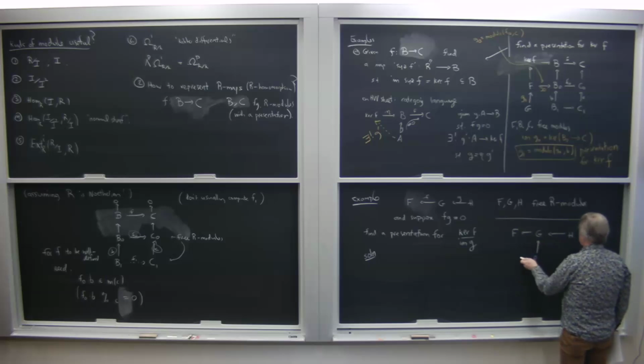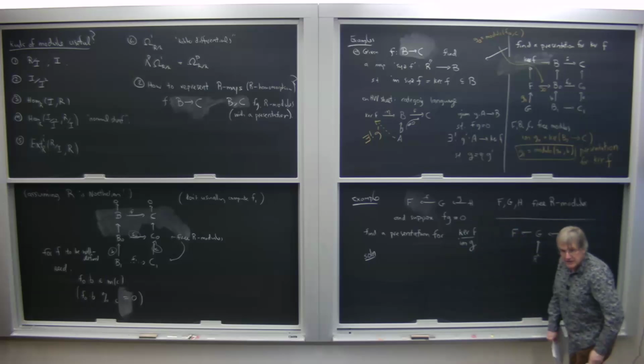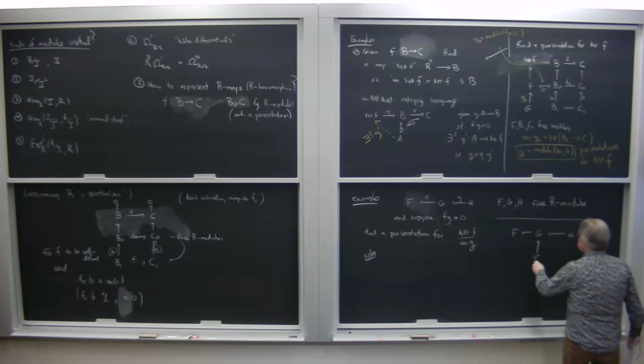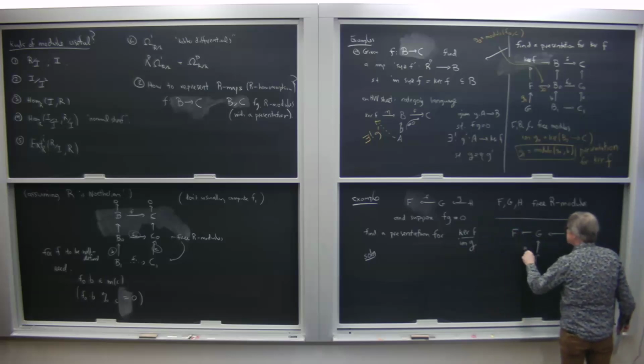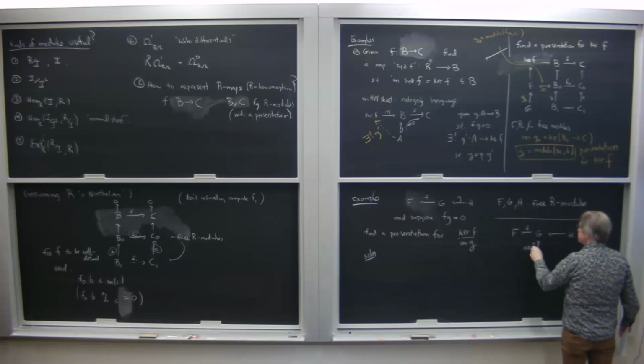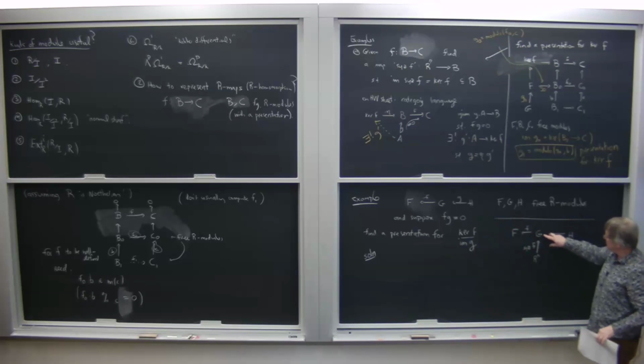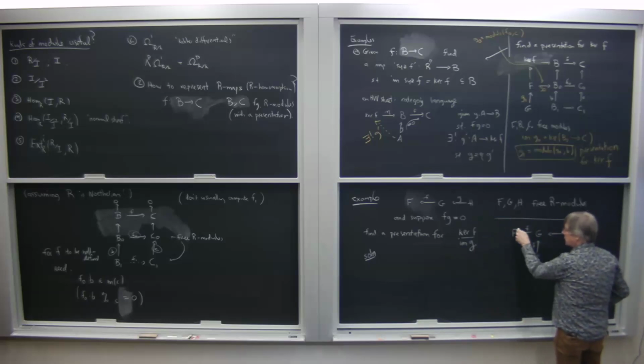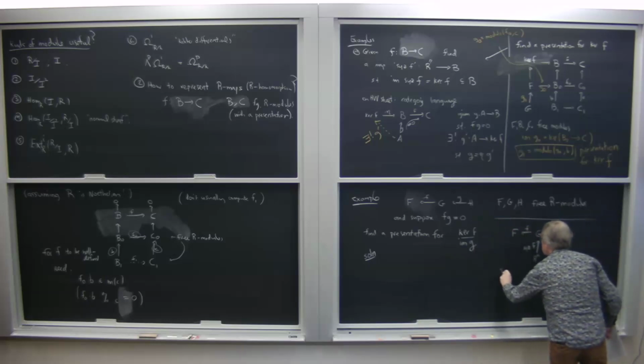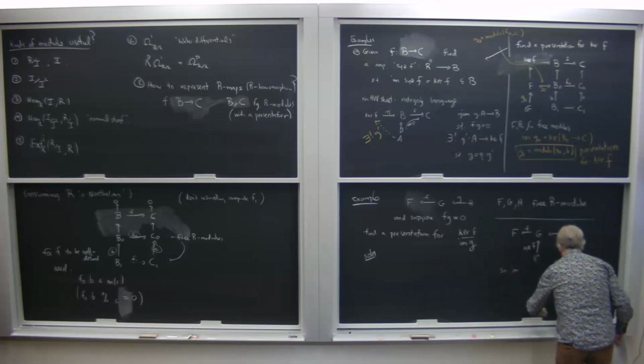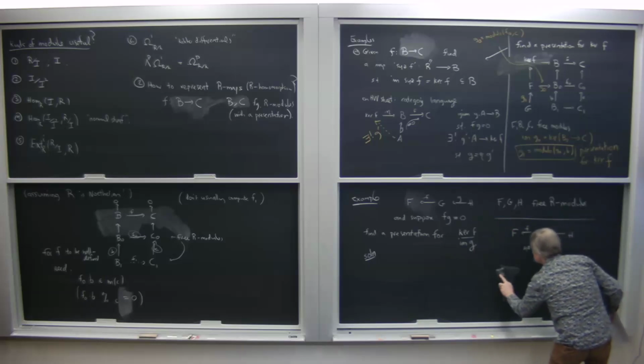I think I'll just use R to the A or something like that. We don't have any matrices A's or B's around. So this is this, and this is what? This is syz of F here. It just maps, so this will map onto the kernel of this. So the image, actually, I don't want to write it there.